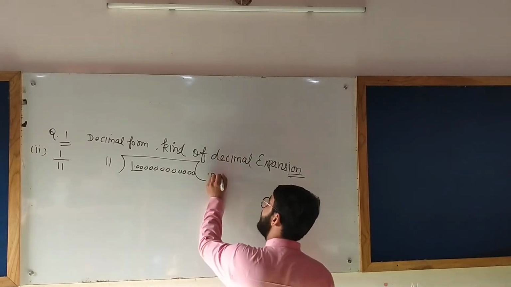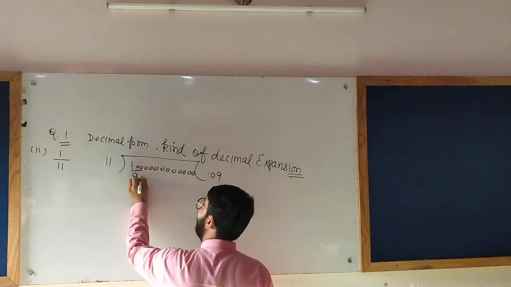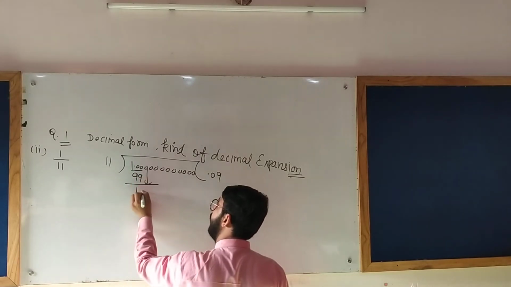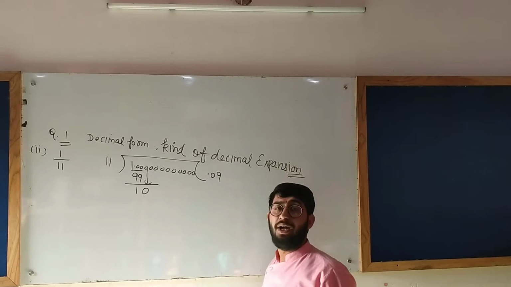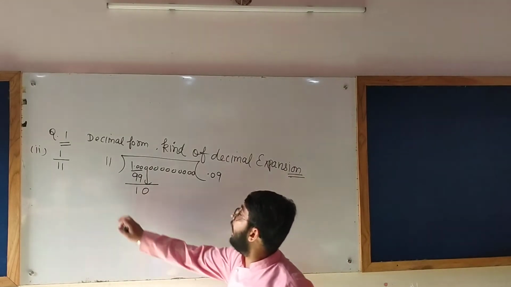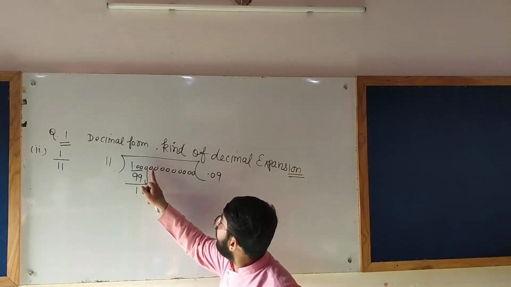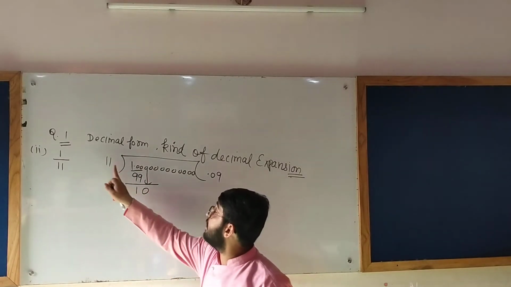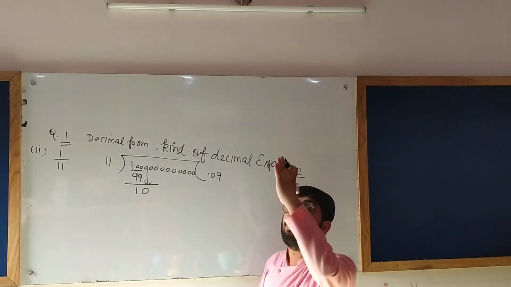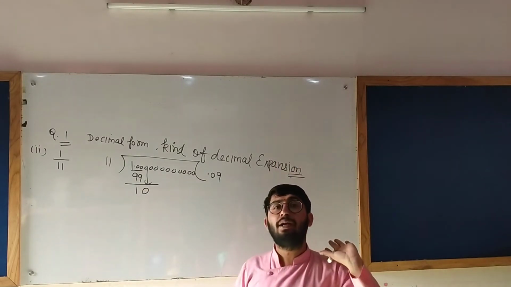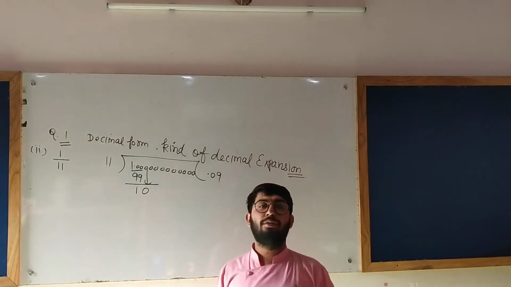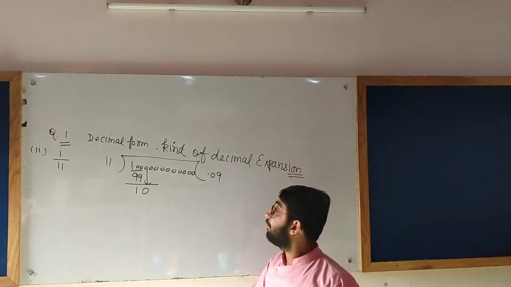Okay. Now 11 nines are 99. The remainder will be 1. Take 0 downward. Now again the same thing. I will have to take one more 0 because 10 doesn't come in the table of 11. You can take only a single 0 downward. Keep this in your mind. You will have to follow the rule. Only 1 zero you can take downward from the dividend.